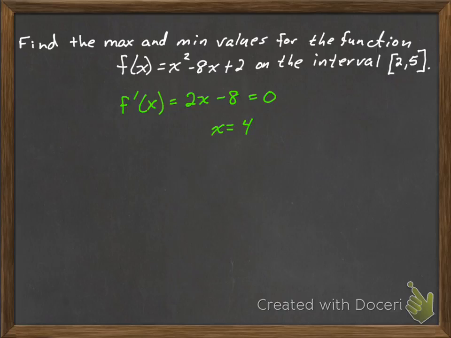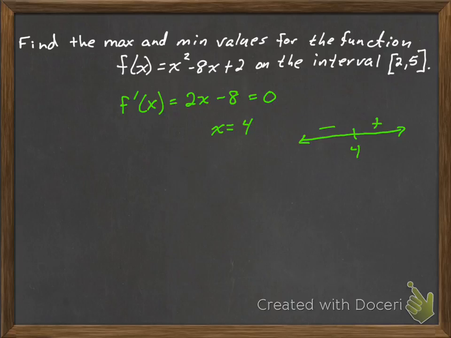All right, so if you think about a sign chart on this, numbers that are larger than 4, when you substitute them back into this derivative, will cause this to be a positive value. And numbers smaller than 4 will cause this to be a negative value.